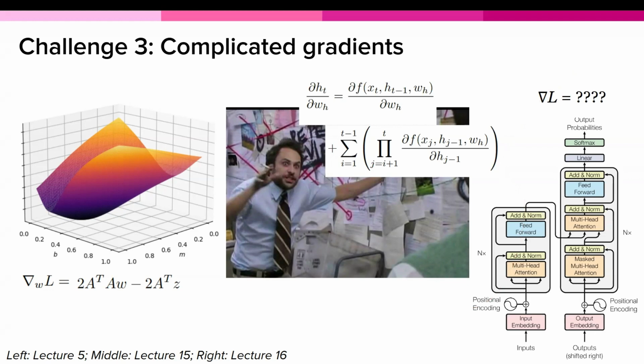And if you notice, we didn't even bother trying to compute an expression for the gradient of the loss with respect to some parameter in a transformer. And there's also now, especially with GPT-4, literally trillions of parameters. And so we didn't even bother talking about what the gradient of the loss would be through a multi-head self-attention block. So there's a couple of challenges here.